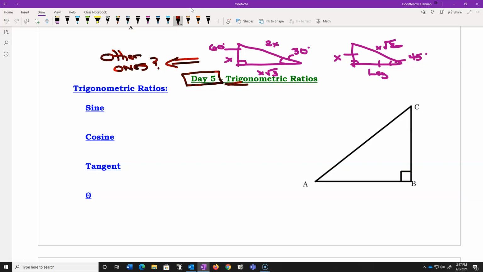Or what if it was a 44-degree angle? Well, those particular situations would not fit into these 2 criteria. They would have to fit in some other concept. Now, that other concept that they fit into is trig. This is what takes care of all the rest.